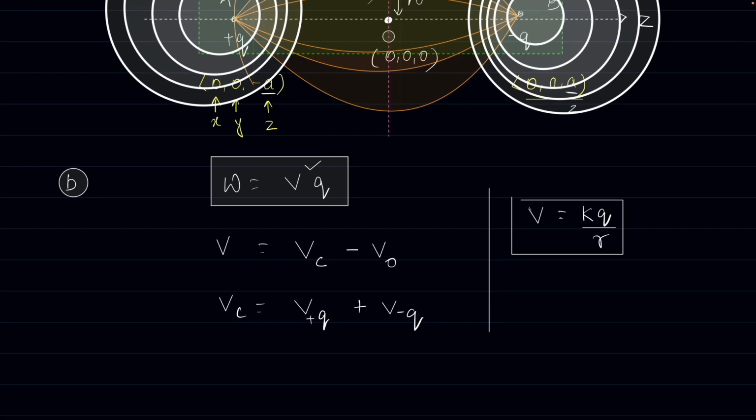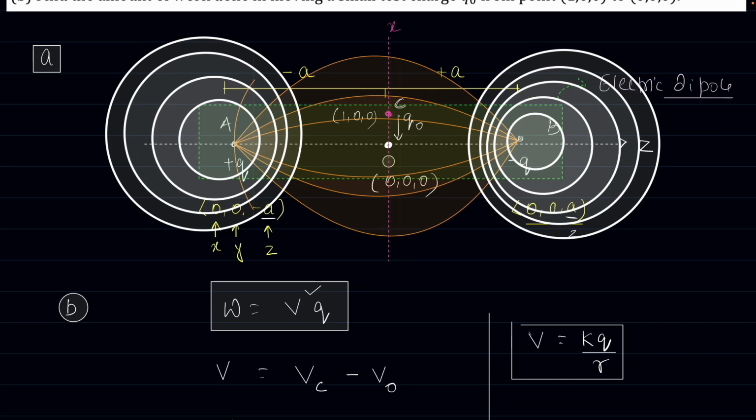So we substitute the value for plus Q: it's k plus Q by, what is the r? AC. This distance we have to find.